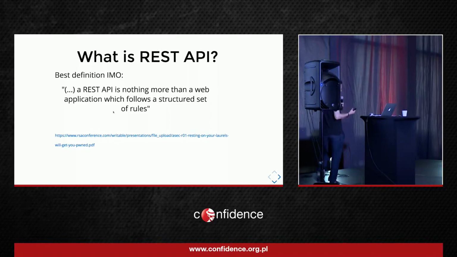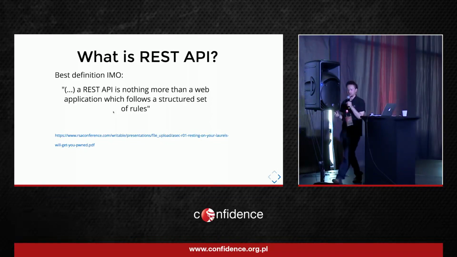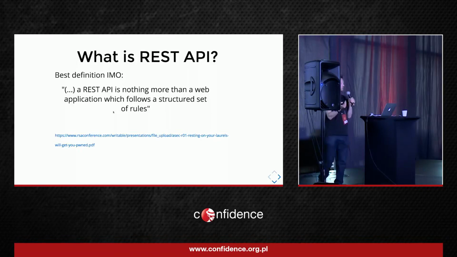But the problem is that it is structured only in one company or only in one development team, so it's not widely structured. For example, one team is using the POST HTTP verb for updating, and another team is using the POST HTTP verb for adding a new object using their API.